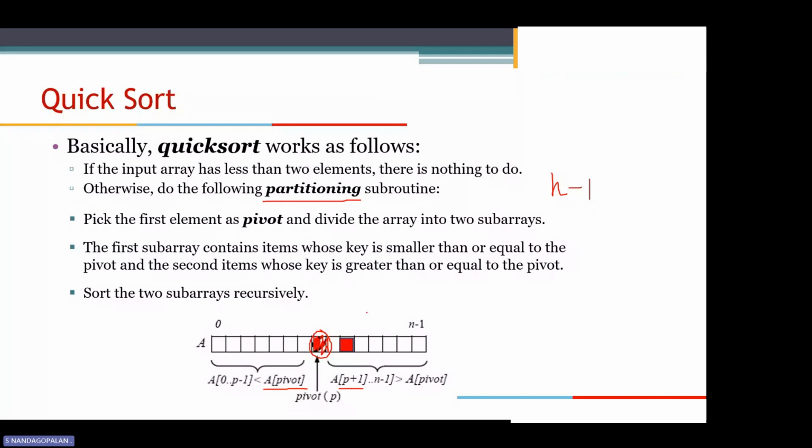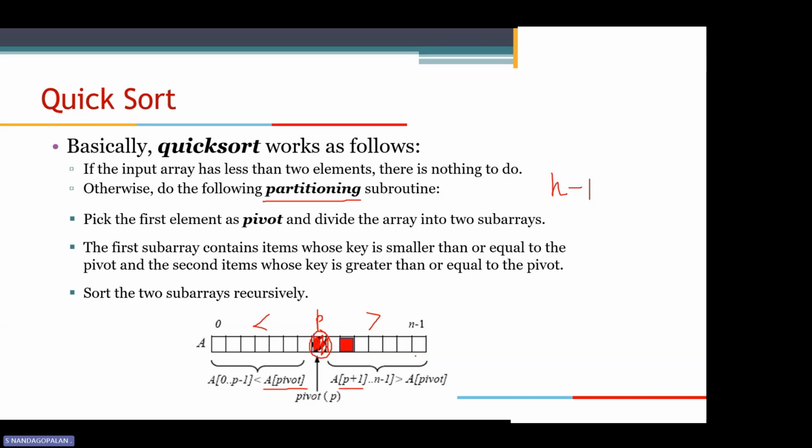So this side is greater than pivot, this side is less than pivot. So what exactly have we achieved in this? We have achieved that at least one element is pushed to its appropriate position in the sorting order.